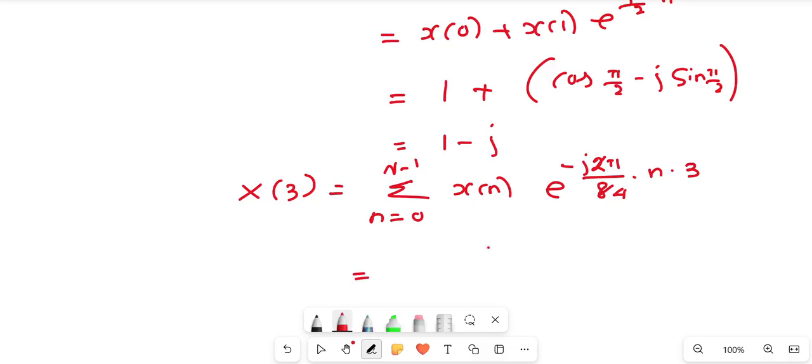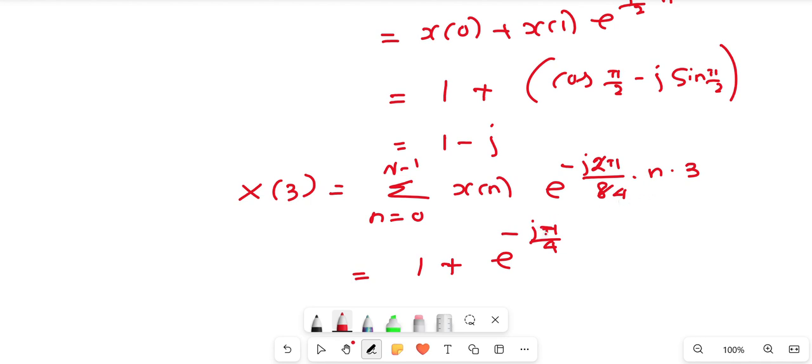You will get x of 0 into e power 0, which is 1, plus e power minus j 3 pi by 4.